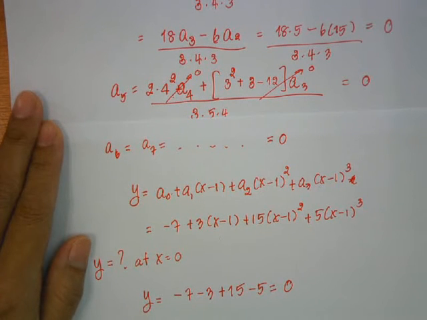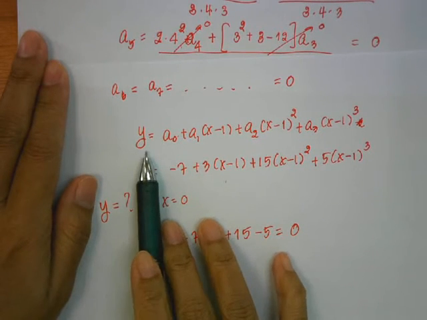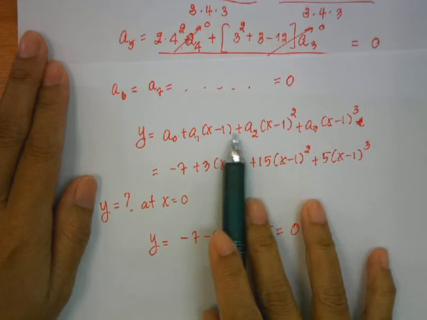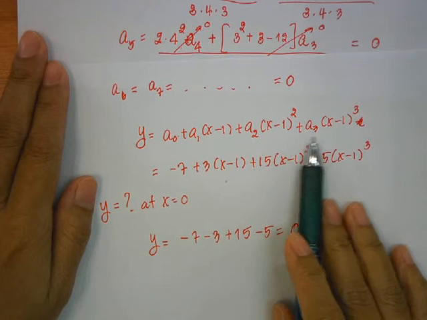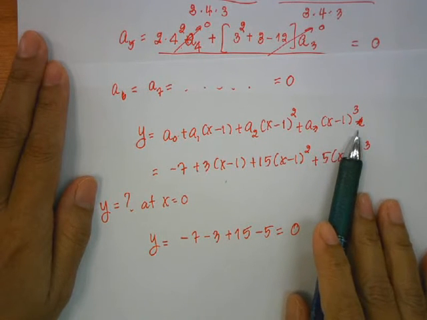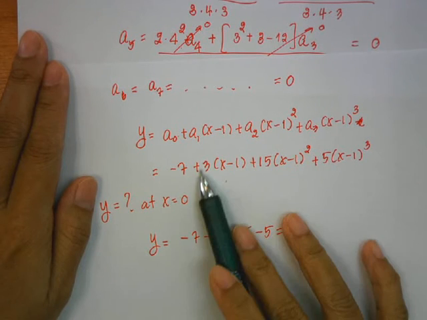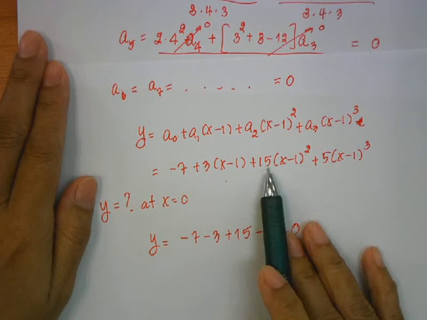So now your answer is y is equal to a0 plus a1 times x minus 1 plus a2 times x minus 1 to the power 2 plus a3 times x minus 1 to the power 3. The rest of the terms are 0. And then you plug the values in there, you know the values of a0, a1, a2, and a3.